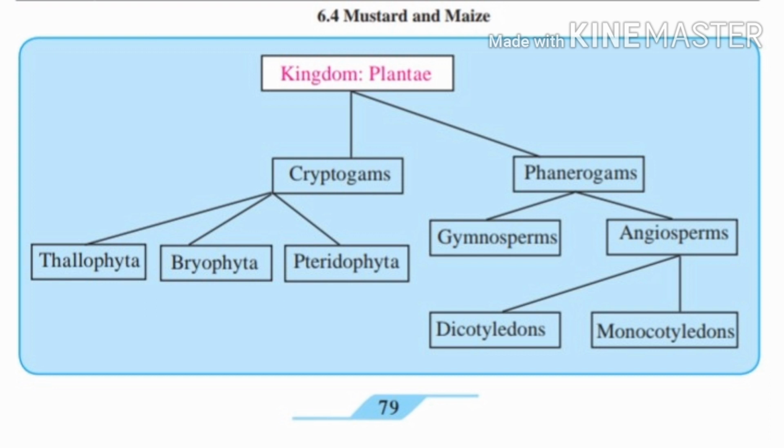Now we are going to start the second kingdom of plants, that is phanerogams. Phanerogams means flowering plants, as they have root, stem, leaves and flowers, and the flower is the reproductive part of the plant, because from the flower seed develops and from the seed new plants come, and all plants which bear flowers are included under the class phanerogams.